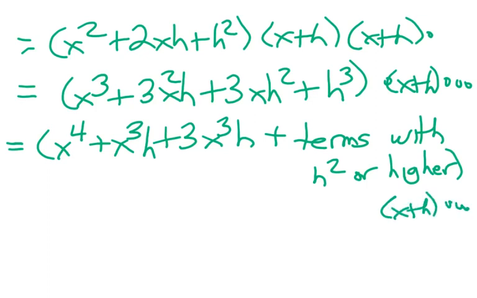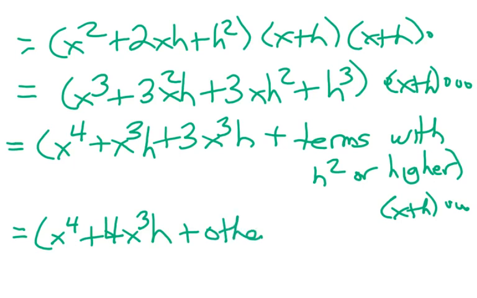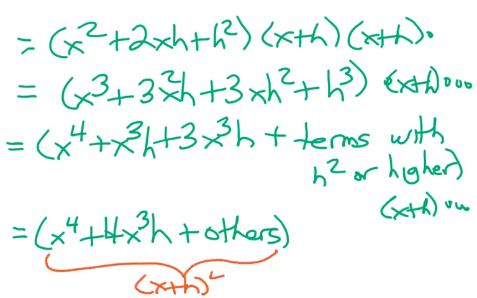But the idea is that when we take x plus h to the power of 4, we're going to get x to the 4 plus 4x cubed times h, plus some other stuff. And this here is going to be our x plus h to the 4. Maybe some other terms if it was higher than that.